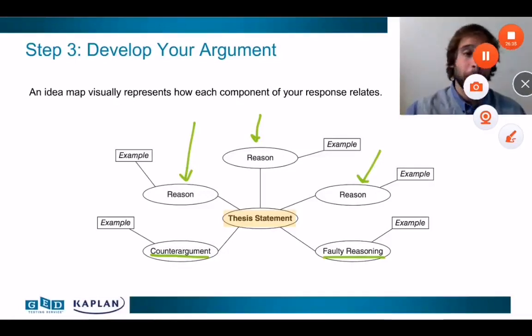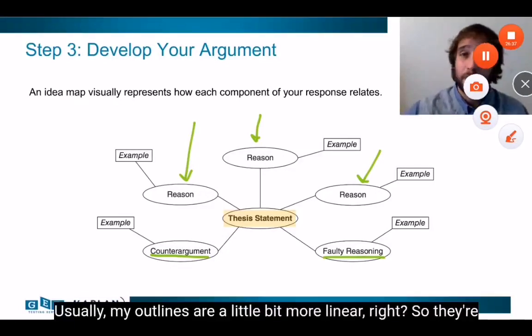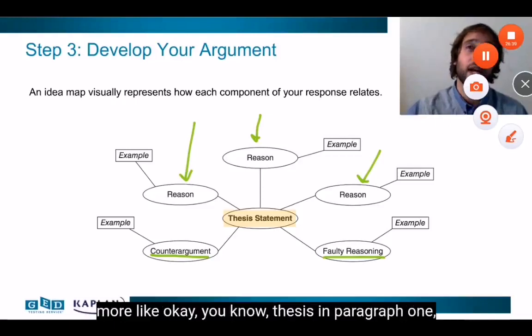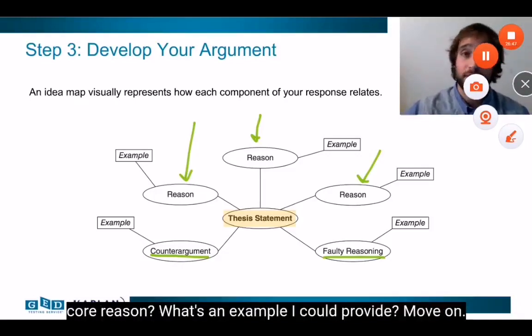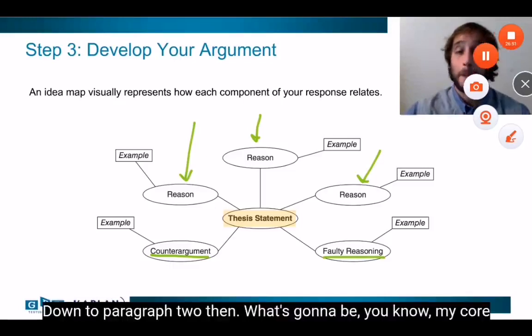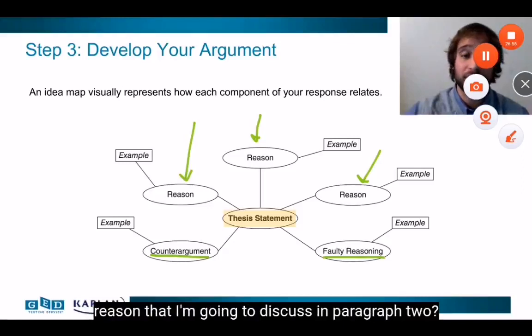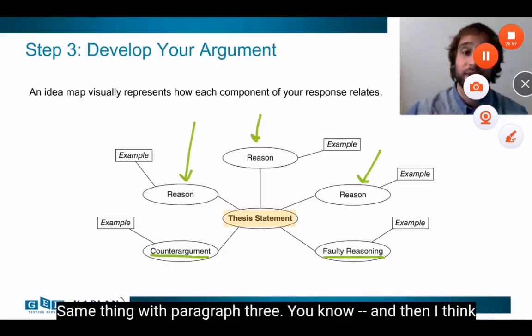Totally fine. Usually my outlines are a little bit more linear, right? So they're more like, okay, thesis in paragraph 1. What's going to be my focus of paragraph 2? What's my core reason? What's an example I could provide? Move on down to paragraph 3 then. What's going to be my core reason that I'm going to discuss in paragraph 2? Same thing with paragraph 3.